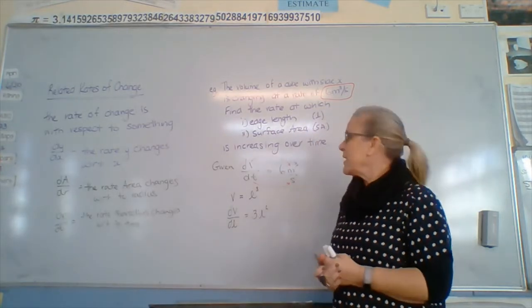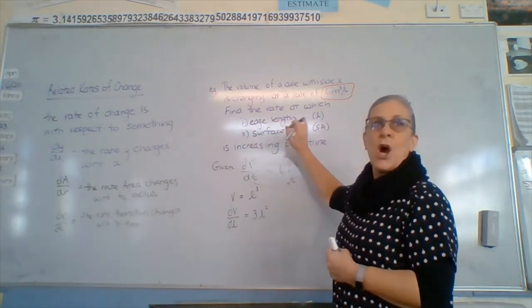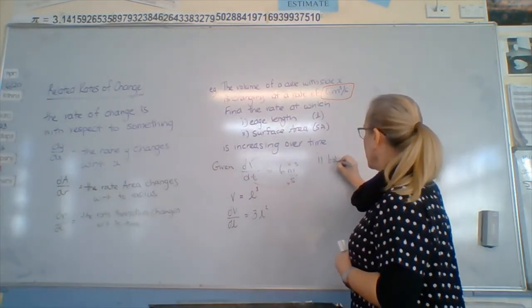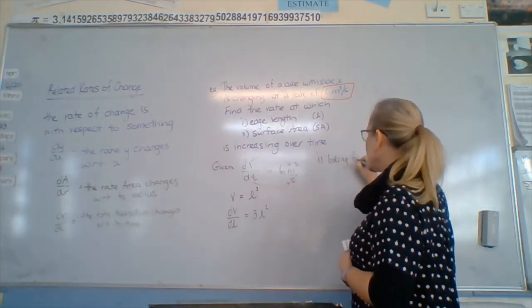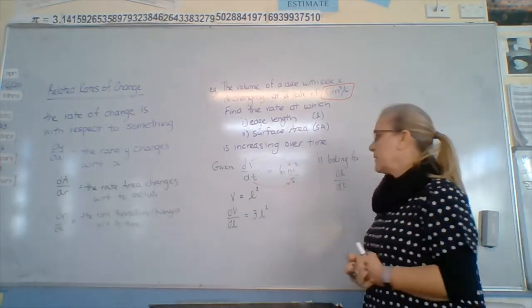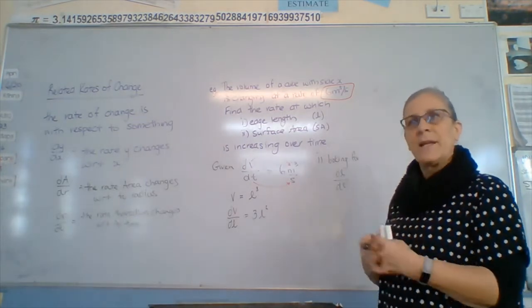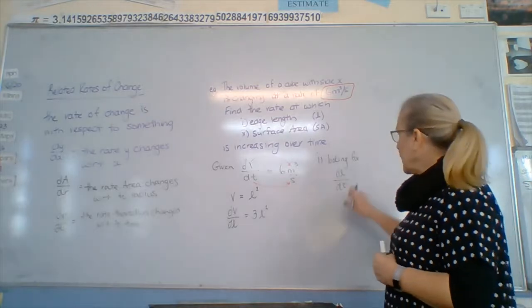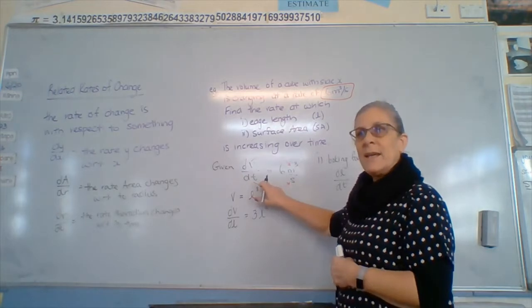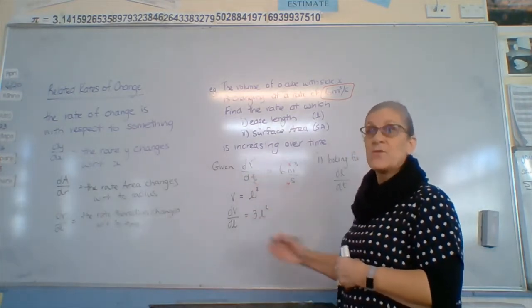So far, we haven't gone anywhere though, because we want to know the rate at which the length is changing over time. So we're looking for the rate of change of length over time. Have we got enough things now that we can manipulate to find this out? We need an L, we've got an L. We need a T, we've got a T. And luckily enough, we've got two dVs, which will cancel out if it's written properly.